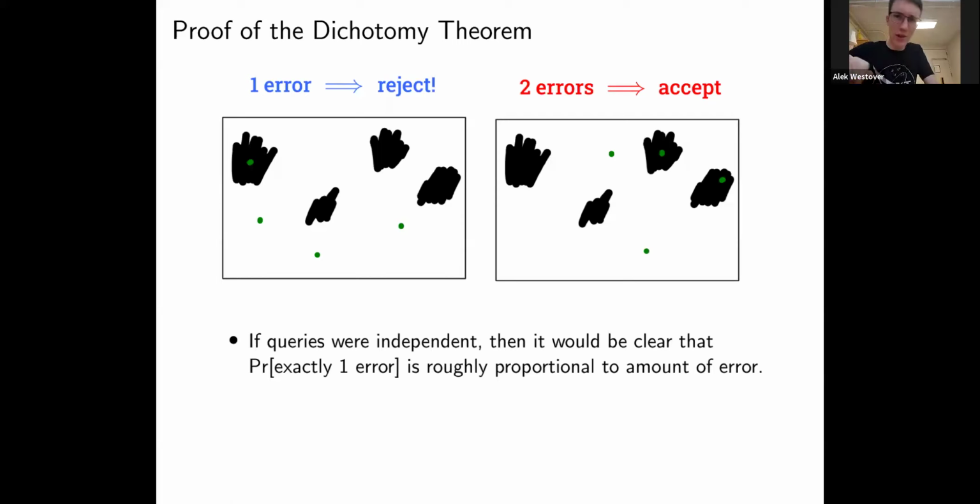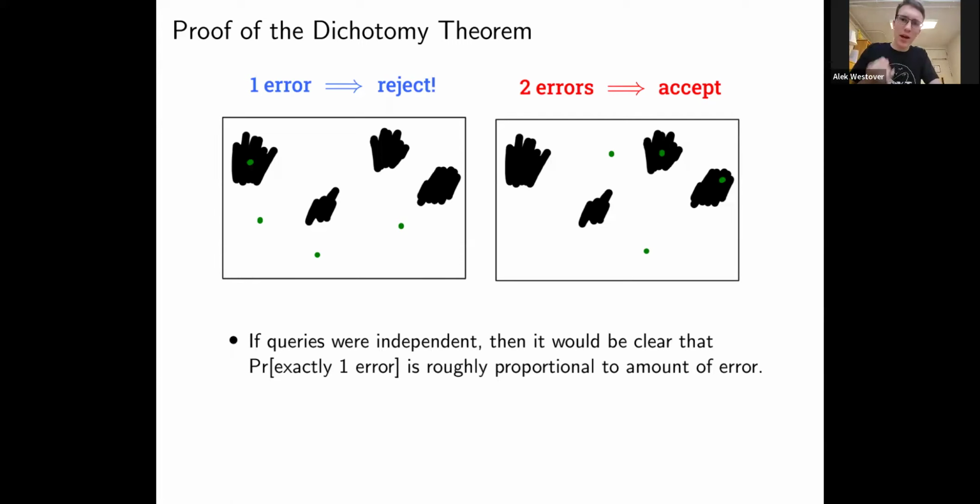If we get exactly one thing in a black region, then we're going to reject, because we're going to be different from the affine function in one place, and that'll be detected in the test. A problem can happen if we have 2 errors. If we have 2 errors, then we're going to get +1 twice, and unfortunately, modulo 2, this ends up being 0, so we won't notice.